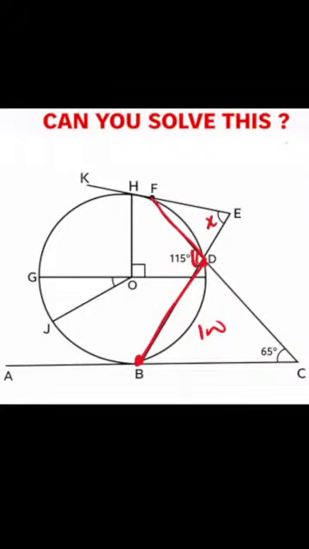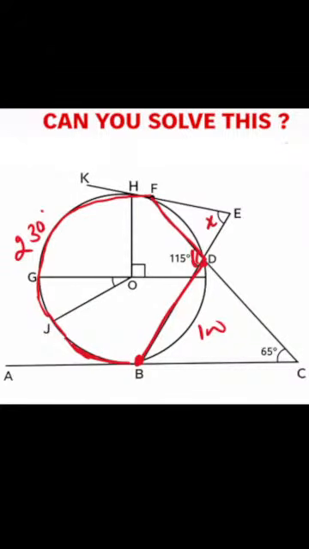So the angle subtended by the arc at the center is going to be how much? As I mentioned in all of the questions we have discussed, 2 to 3 questions, the angle subtended by the arc at the center is double the angle at the circumference. So if this is 115, the angle subtended at the center is going to be double of it, which is 230.